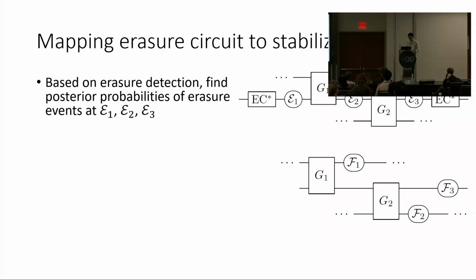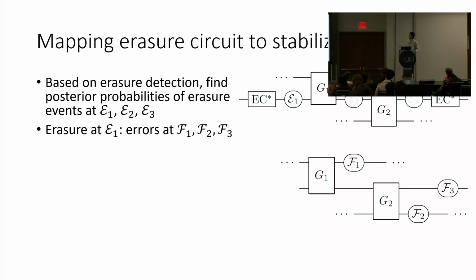If the erasure actually happened at location E1, then when the middle qubit interacts with the top qubit through gate G1, it would cause the depolarization at location F1. And when it interacts with the bottom qubit, it would depolarize it at location F2.